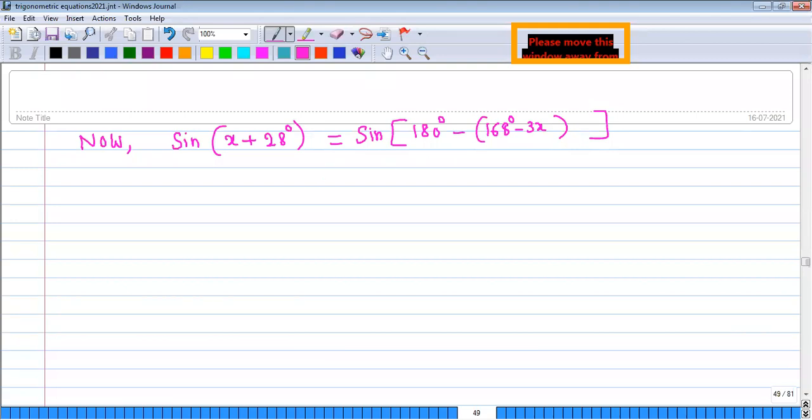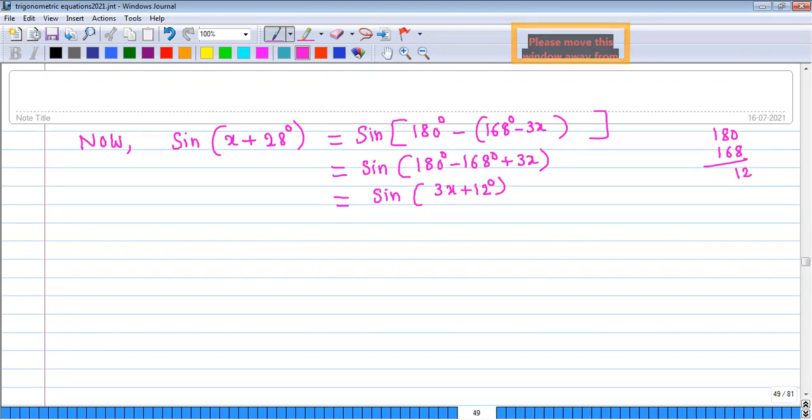Let us simplify in the bracket: sine of 180 degrees minus 168, minus into minus plus 3x. So what will you say about the value of 180 minus 168? Let us subtract it. 12 degrees. That means we can write 3x plus 12 degrees.